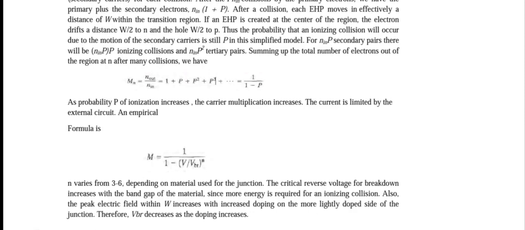If this collision process happens within the depletion region, further collisions will occur with the same probability, and a large number of electron-hole pairs will be created. The current produced due to this electron-hole pair formation is known as avalanche current, and this breakdown mechanism is known as avalanche breakdown. It normally happens for a lightly doped PN junction at very high reverse bias voltage, say certain volts to thousands of volts.